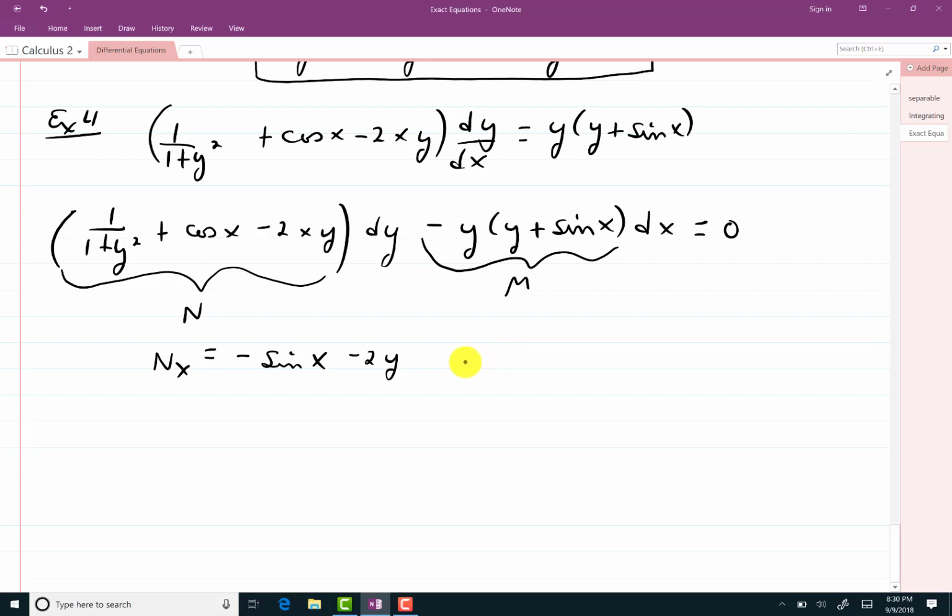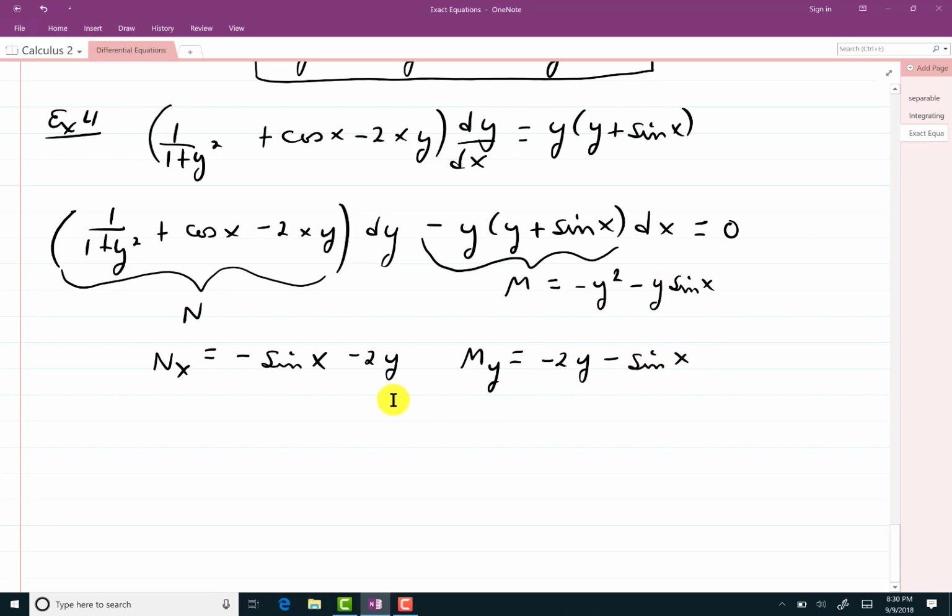Now m, with respect to y, now it might be easier, as far as differentiation is concerned, to think of m equal to negative y squared minus y sine of x. So then when I take the derivative with respect to y, I'll get negative 2y. And then here, I'll get negative sine of x.